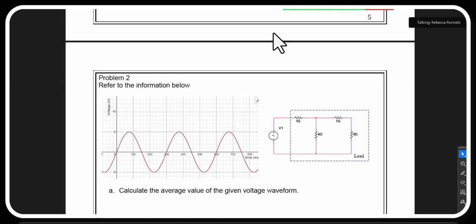So this first question is a little bit of a trick, except it's not. You can do it the long way, but the answer is actually quite easy because it's asking for the average value of the given voltage waveform.